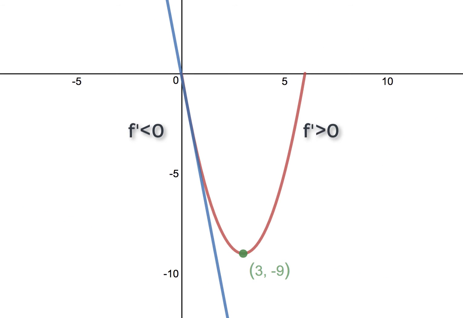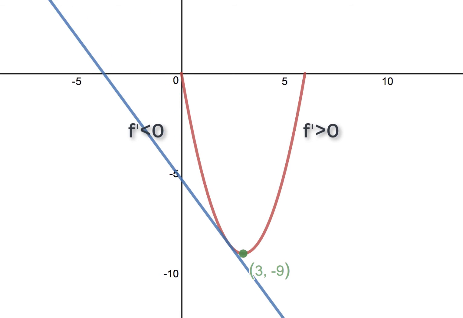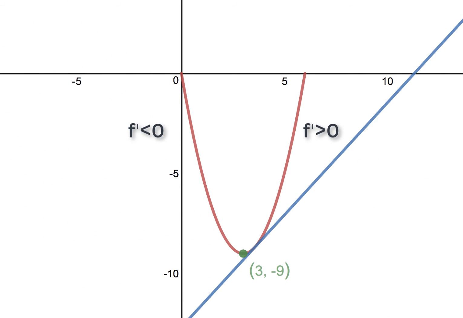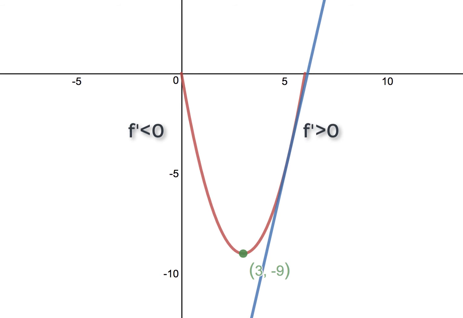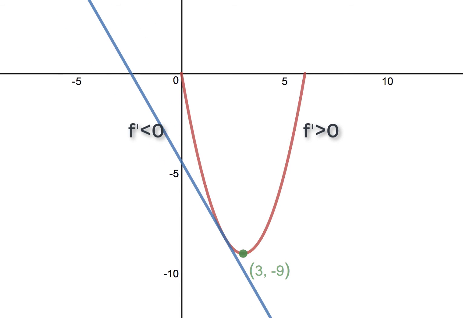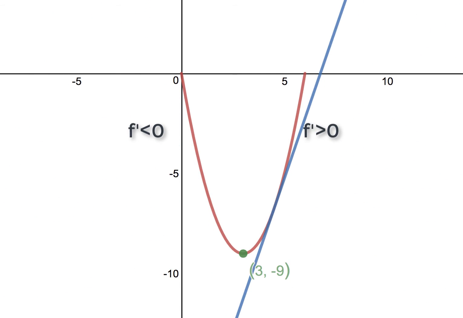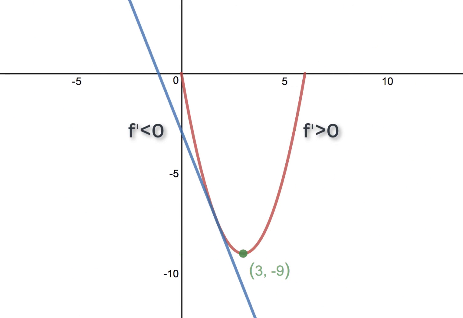So if the slope function is going from extreme negative but getting bigger, becoming less and less negative until we get 0, and then it goes to positive, then throughout this whole curve, the rate of change of the slope is increasing, which means that the rate of change of the slope is positive all through here.